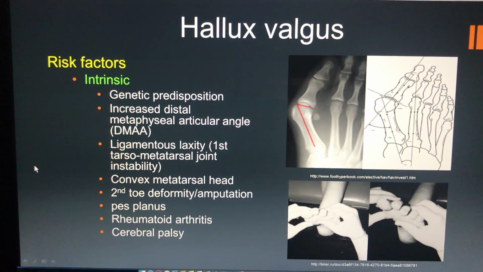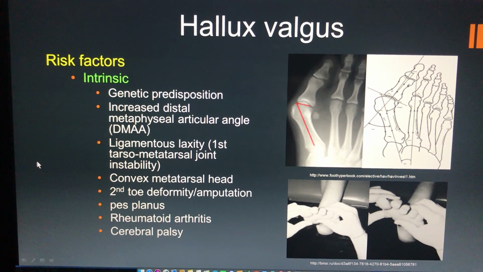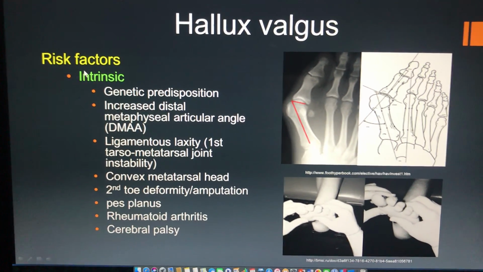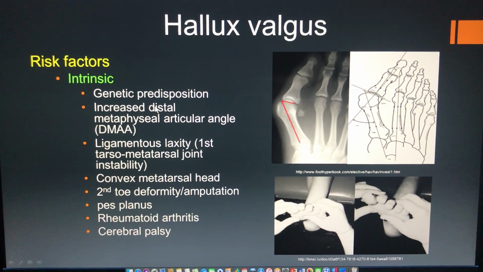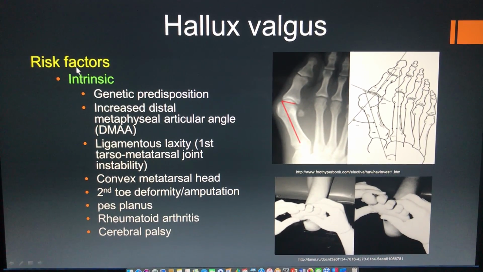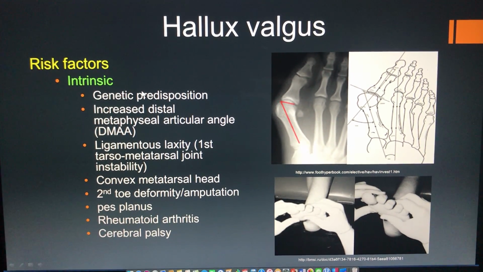So why does it happen? There are at least some factors that can explain it. So the first one we call intrinsic factors. Most commonly, the intrinsic factor is genetic predisposition.